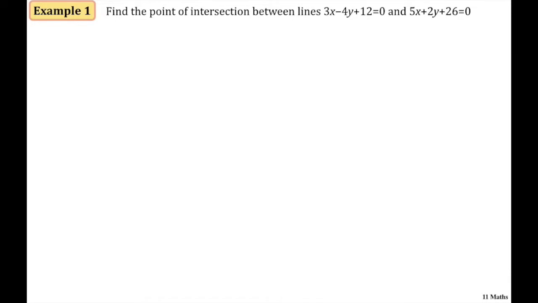Now, here's our first example. We've got to find the point of intersection between two lines, so this goes back to solving equations simultaneously. If I was going to write this question down and solve it simultaneously, I think I would choose to use the elimination method for this one because it's already in general form. So let's see how we go.